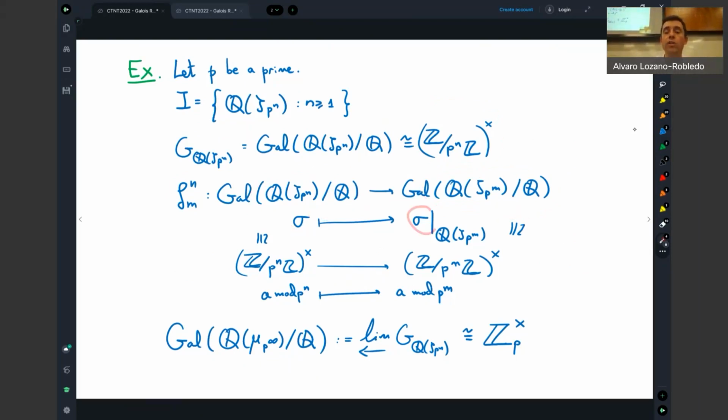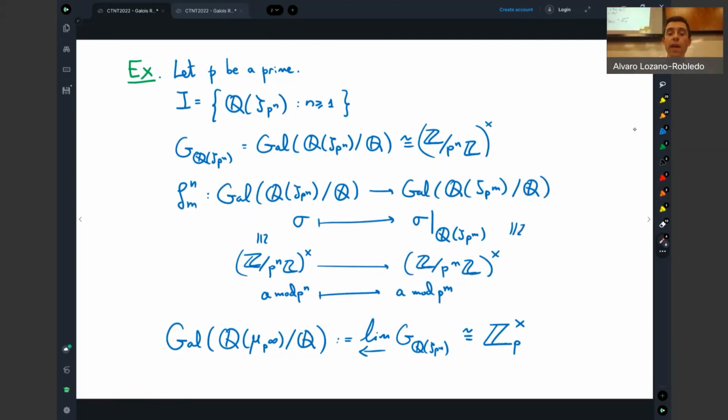And this restriction map on automorphisms works well with this isomorphism, because this one is isomorphic to (Z mod p^n)^×, and this one will be (Z mod p^m)^×. It turns out that this automorphism corresponds to just the normal reduction map. That reduction map actually gives you the same map as this restriction.